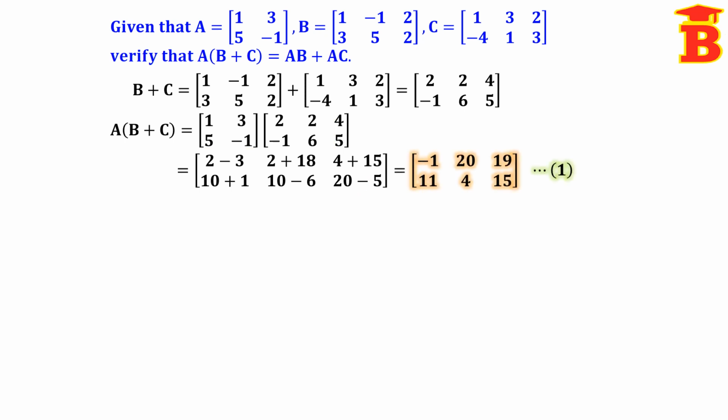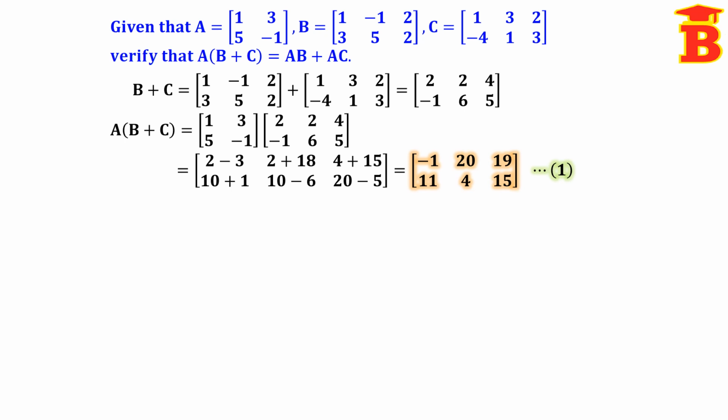So now the answer is 2 minus 3 minus 1, 2 plus 18 is 20, 4 plus 15 is 19, 10 plus 1 is 11, 10 minus 6 is 4, 20 minus 5 is 15. This is the left side answer. So we take it as equation 1.